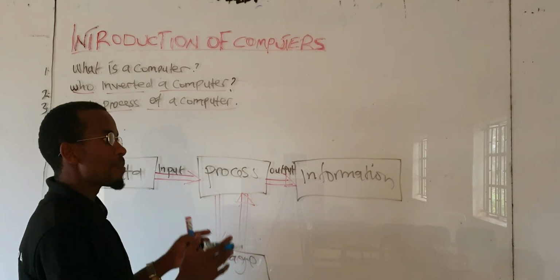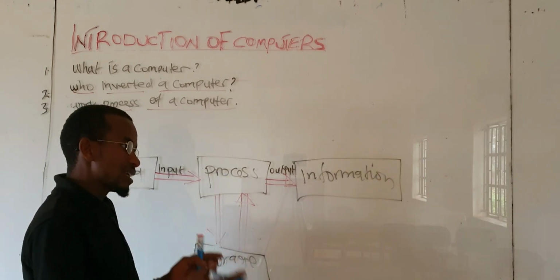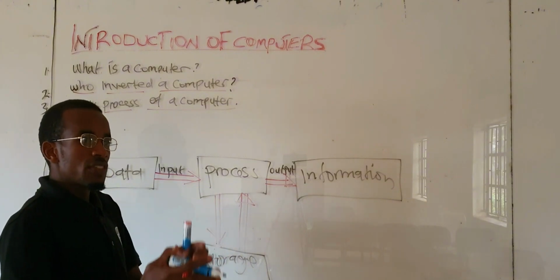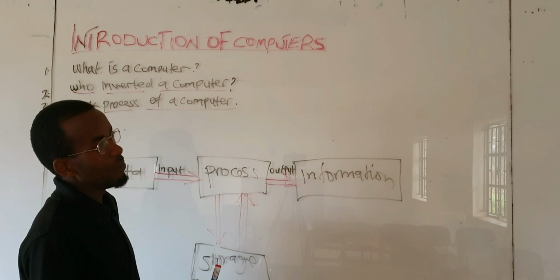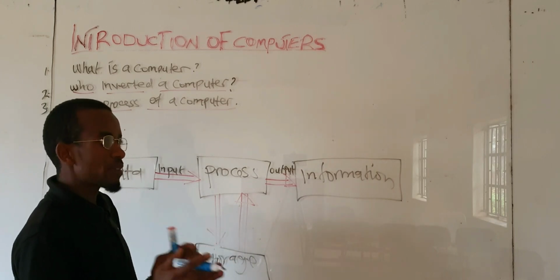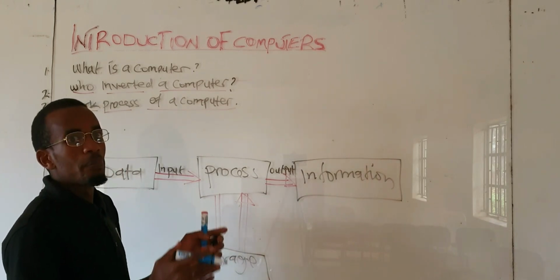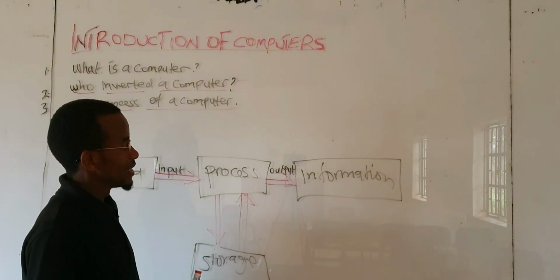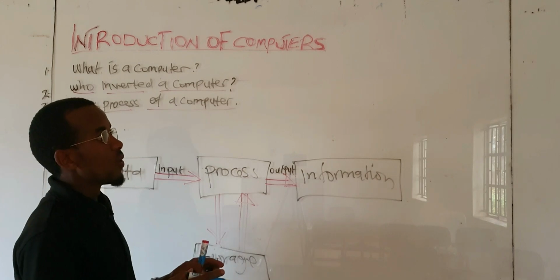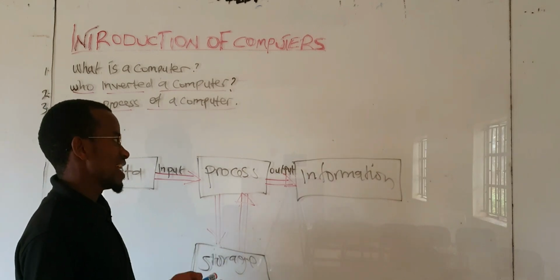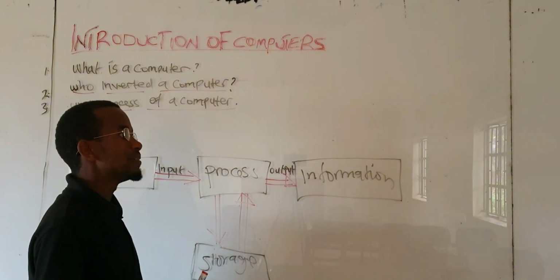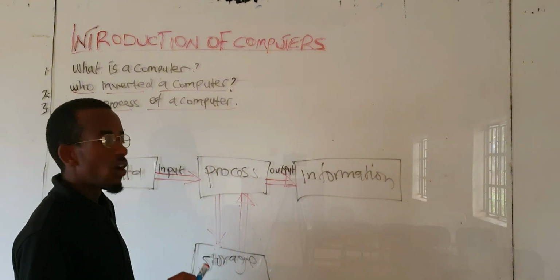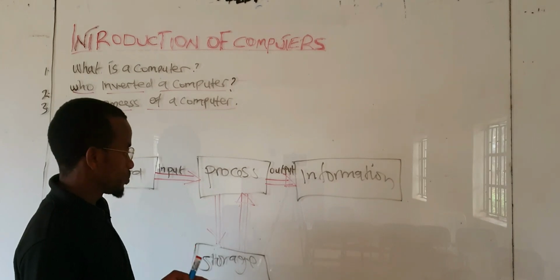Then for output, it refers to the presenting of the work of the information. Whereby the data is displayed or printed. So for example, we have monitor images as an example of output. We have sound also as an output.